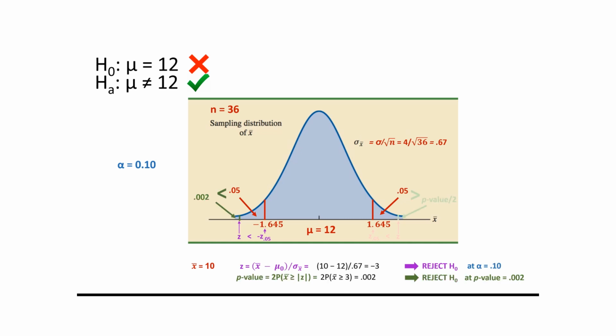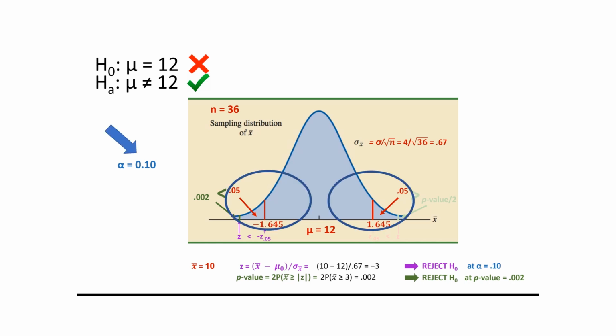Using the p-value approach, we were able to reject H naught at the observed level of significance, 0.002. So we're much more confident in rejecting H naught compared to using a critical value approach. The probability of us making a type 1 error by rejecting H naught is actually only 0.002, which is much less than 0.10.